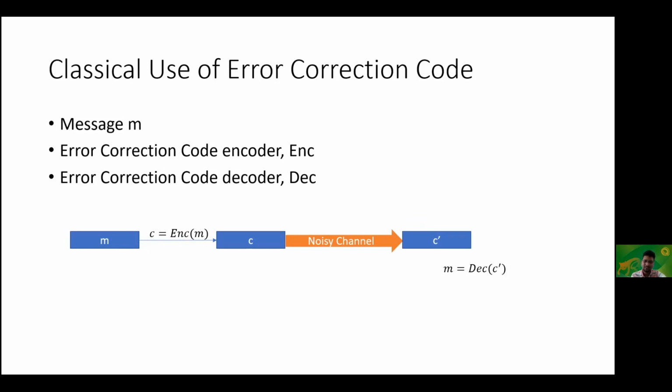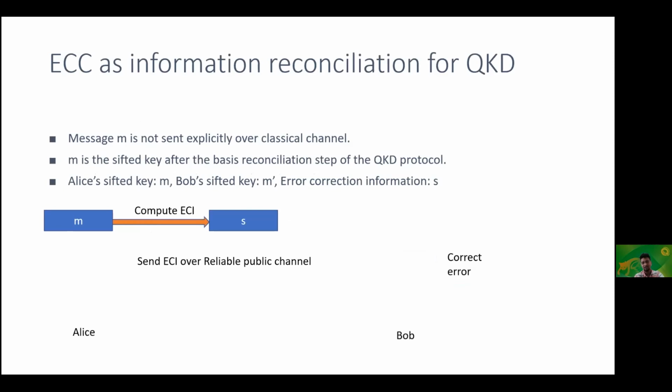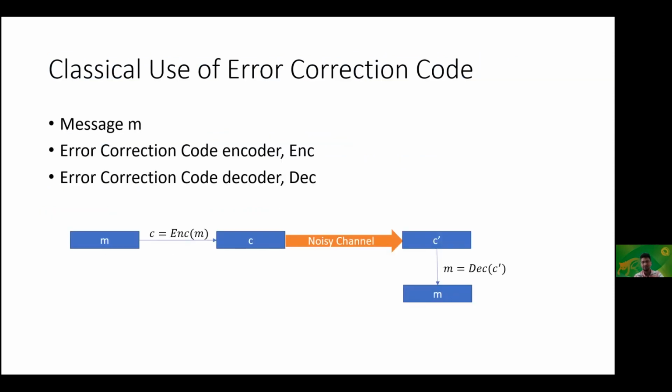The noise will change the code to C prime. However, Bob has a decoding algorithm, which by looking at the code, he can just recover M. So the encoding is such that they will be able to recover it.